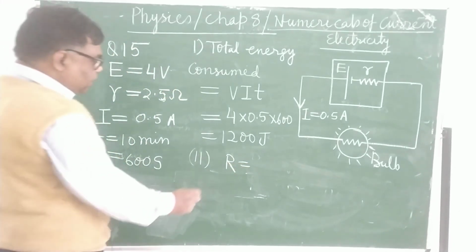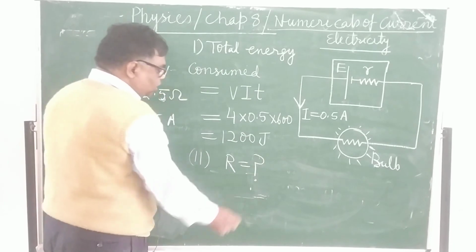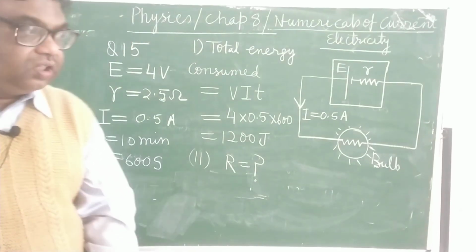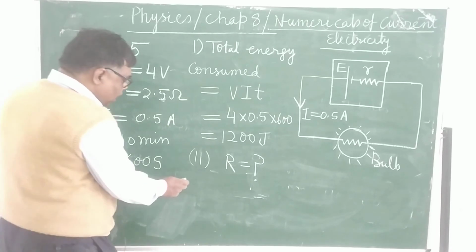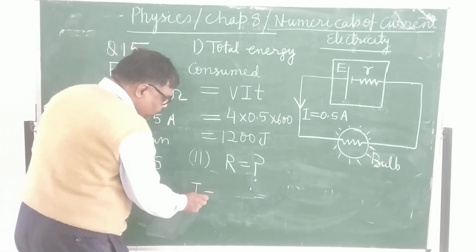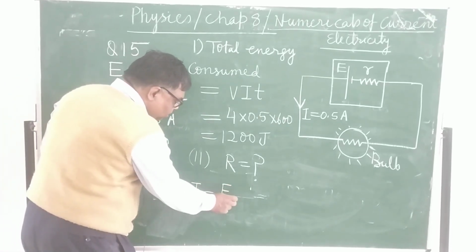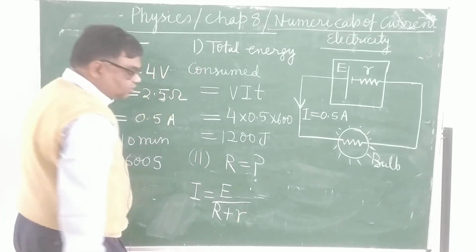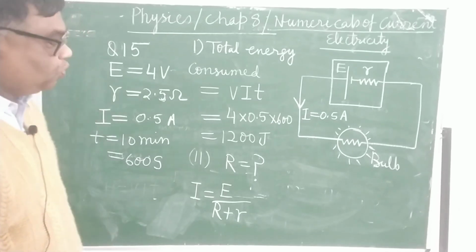Who can tell? So see here, you know one formula, I equals E upon capital R plus small r. You substitute the values in this formula.